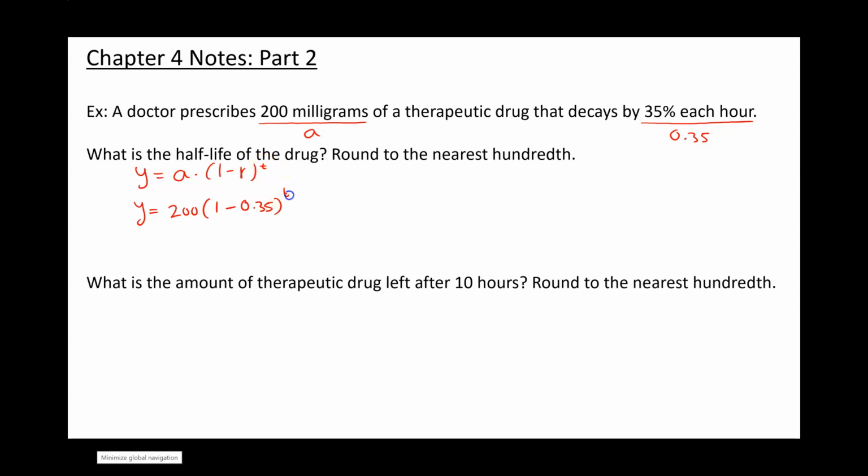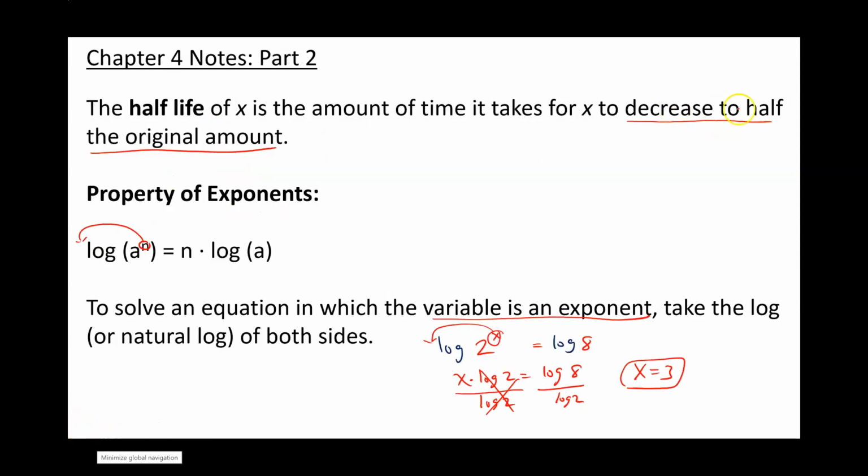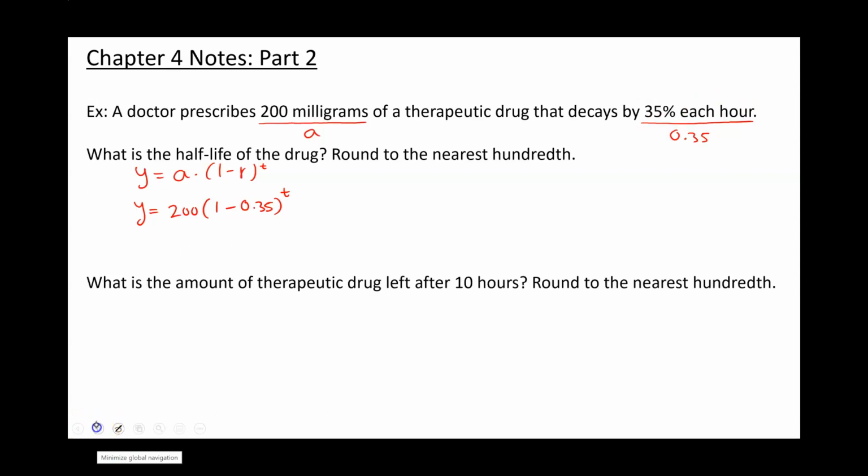So t is time, and that's what we're trying to find. We want to know after how long this initial amount decreases by half. Now half-life, remember by definition, is the time taken for x to decrease to half its original amount. So if the original amount is 200, then the value of y is going to be half of that.